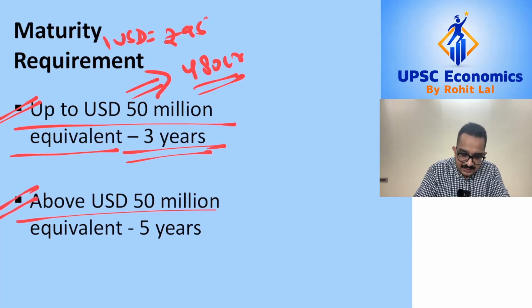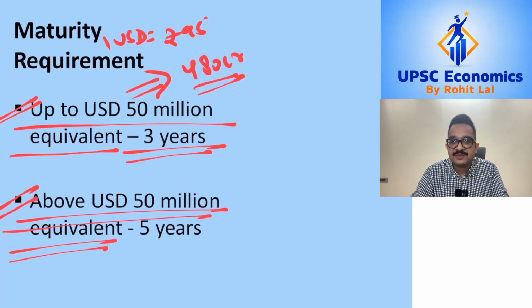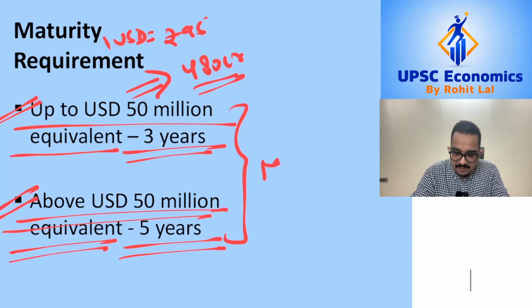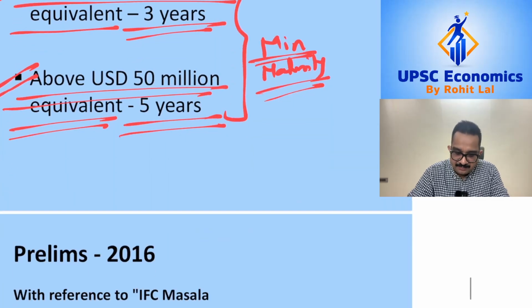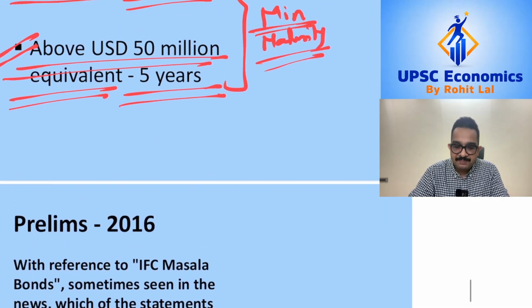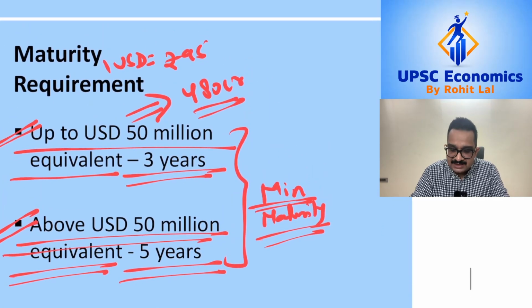And if someone is borrowing more than $50 million equivalent in rupees, then the minimum maturity should be 5 years. So that is the minimum tenure for which these bonds can be issued. So this was the basic understanding in regards to masala bonds.